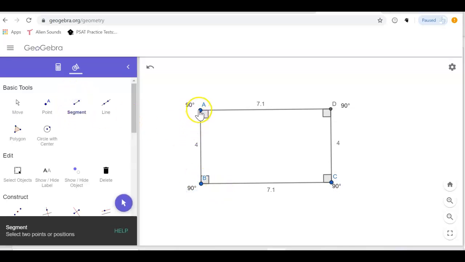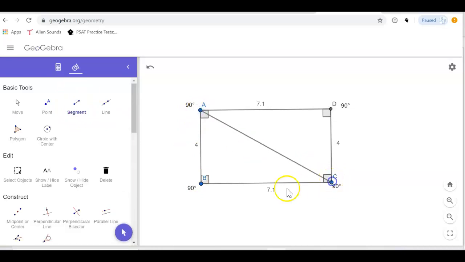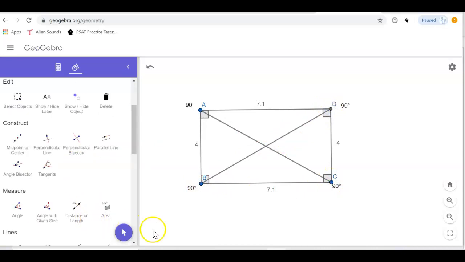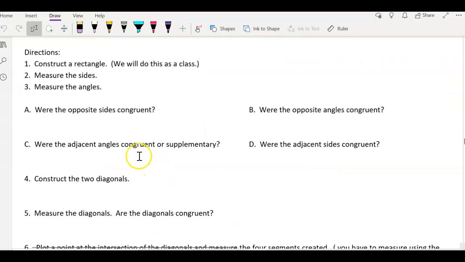So when I construct these diagonals, the first question. Actually, let's go summarize this. Right away, we measured the sides, we measured the angles. Were opposite sides congruent? Yes. Were opposite angles congruent? Yes. Were the adjacent angles congruent or supplementary?